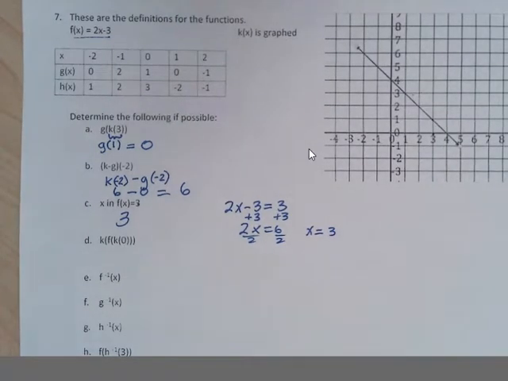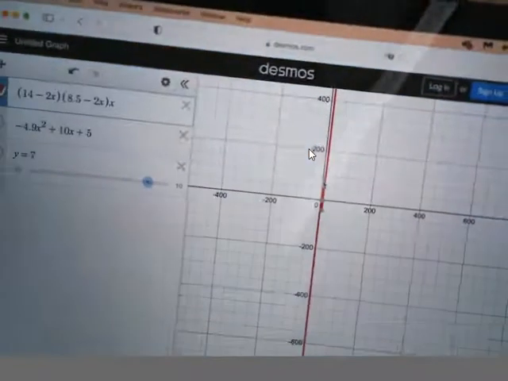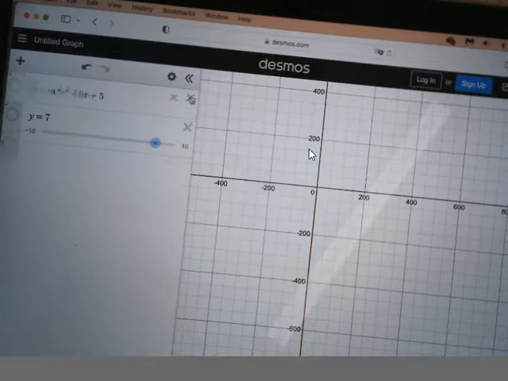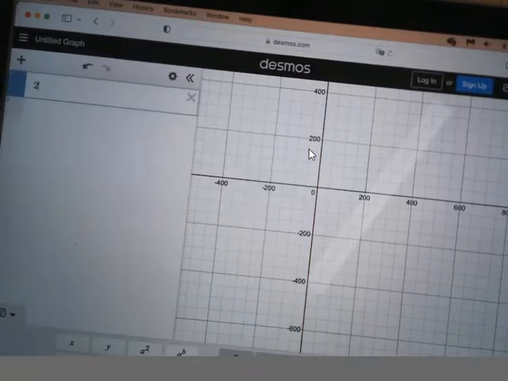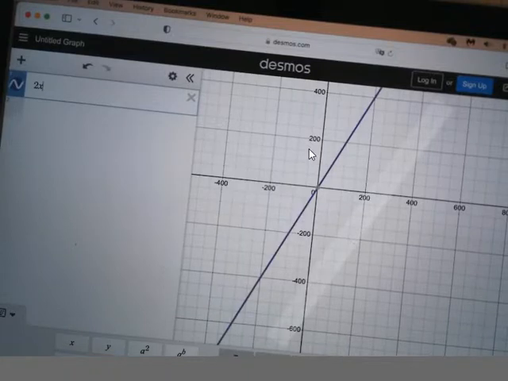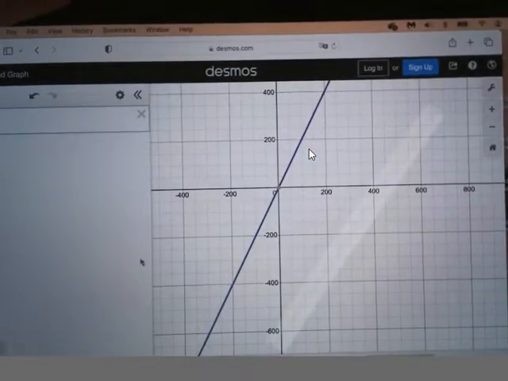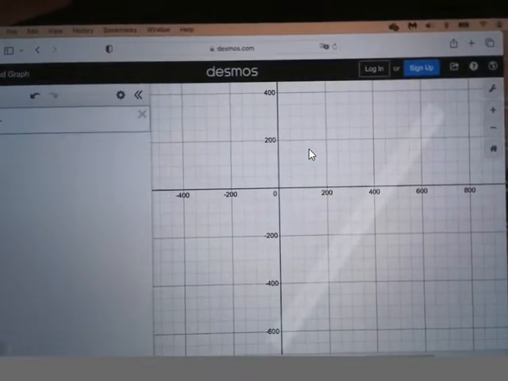If you want to do it a different way, you could go to Desmos or a calculator, and I'll clear that and write 2x minus 3.